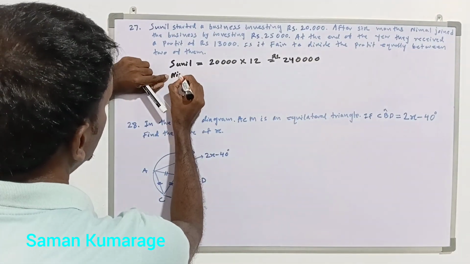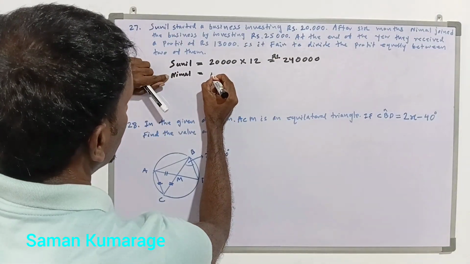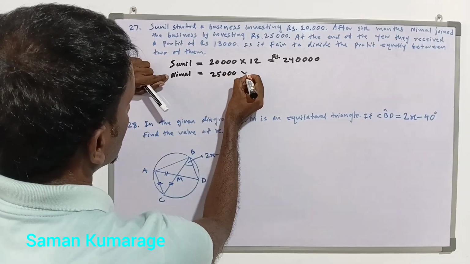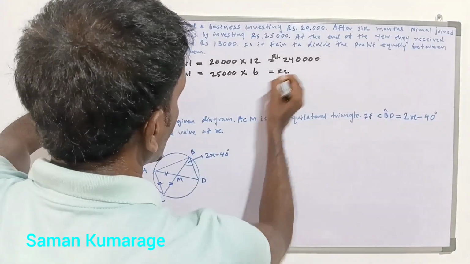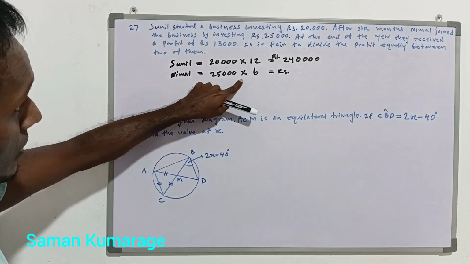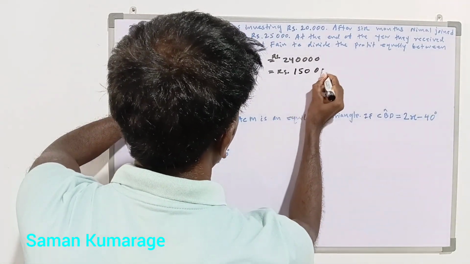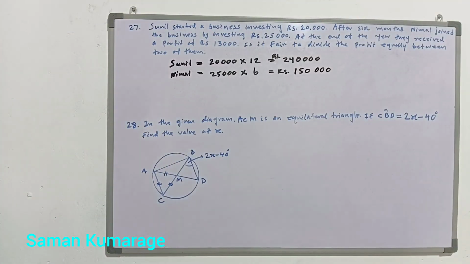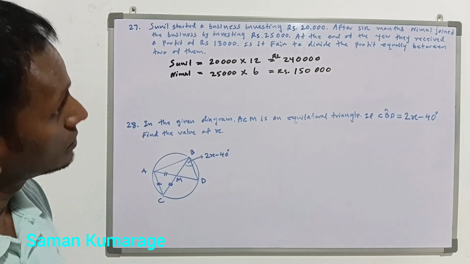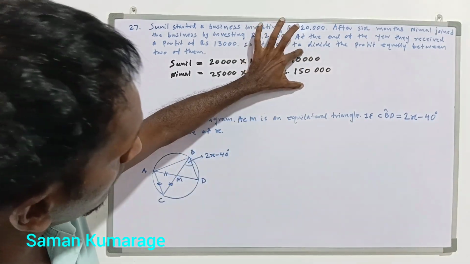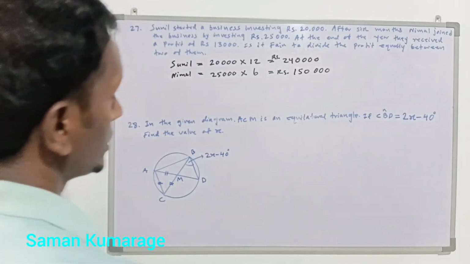Then Nimal, he invested 25,000. It remained in the business for 6 months. So multiply 25,000 by 6, it will be 150,000 rupees. Now simplify this. We need to divide both these values by the GCF and simplify it to the simplest ratio.